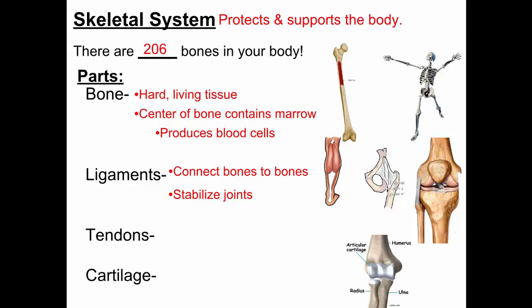Tendons are what connect muscle to bones. Our muscles pull on our bones and move them. The way they attach to our bones is that the muscle basically turns into a tendon, which is anchored at the bone. There's probably a couple of tendons you could name.